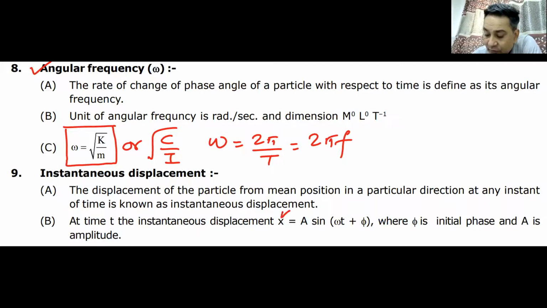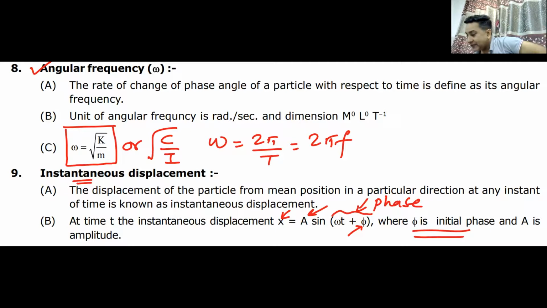Here x or y is the instantaneous displacement of the particle at any given point. A is the amplitude of the particle. This entire thing is known as the phase of the particle. This phi is known as the initial phase. Do we remember this? So this is the entire equation of SHM and the meaning of all the terms being explained here. I'll give you a minute to note it down so that we can move ahead.